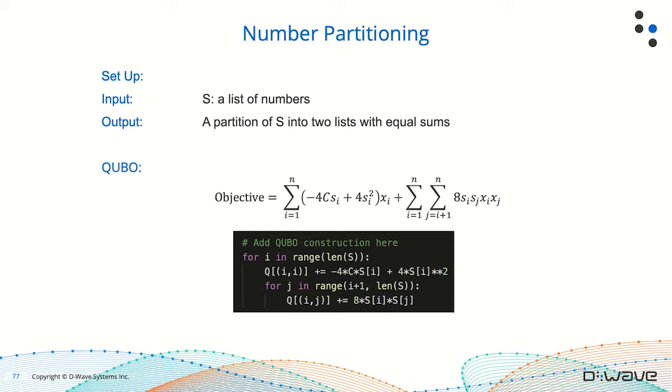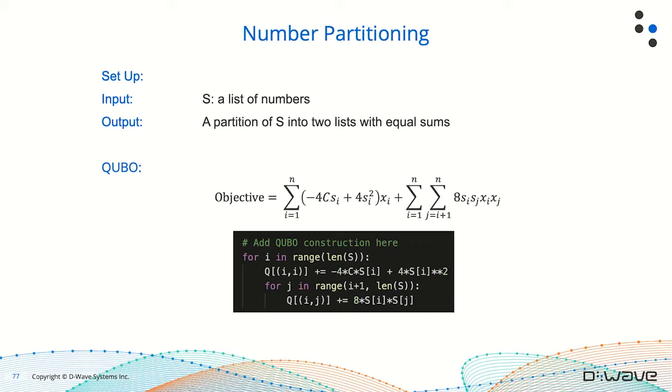So for i going from 1 to n, that's going through all of the entries in S. And then on the linear, the diagonal entries in that matrix, so you can see Q[i][i], that's like row i, column i, I'm adding in my linear coefficient, this negative 4*c*s_i plus 4*s_i squared. That's my linear coefficient going on the diagonals of my matrix.